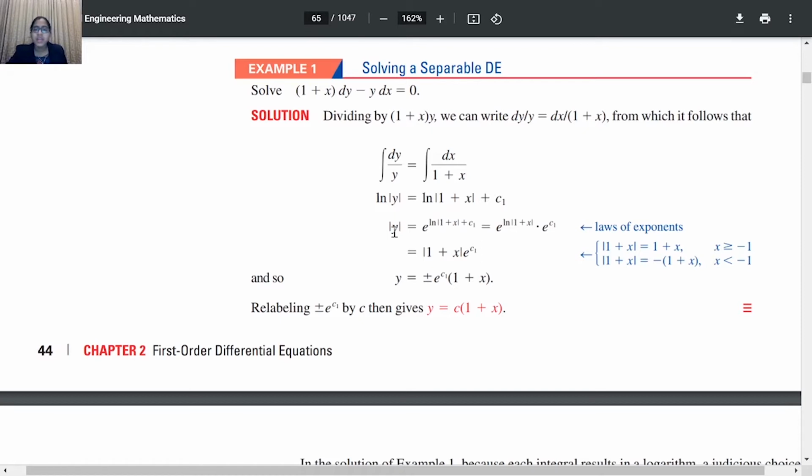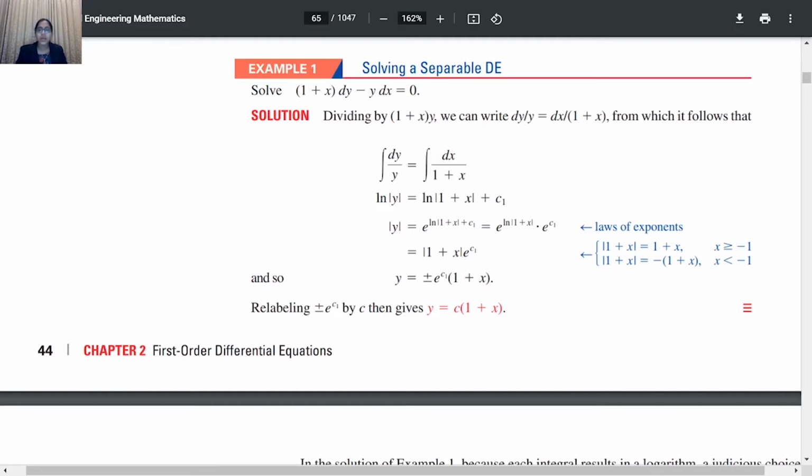Taking exponential on both the sides, we get e raised to log of y, that is mod y, equal to e raised to log of mod (1 plus x) plus c1, which is nothing but e raised to log of mod (1 plus x) into e raised to c1. Or I can write this as (1 plus x) into e raised to c1. Now this e raised to c1 can be treated as a particular constant like c. So the solution is actually y is equal to c into (1 plus x).